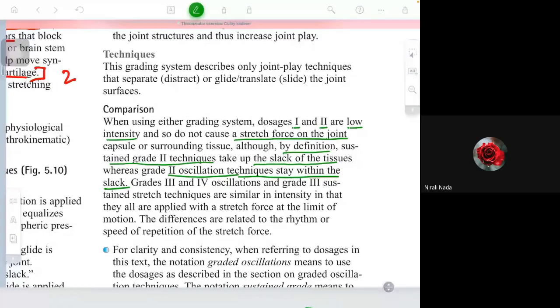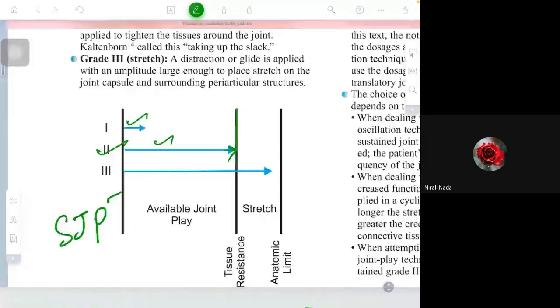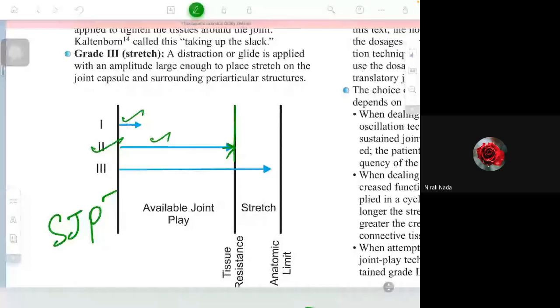This is called slack. Grade 2 oscillatory technique stays within the slack and sustained technique reaches up to the slack.